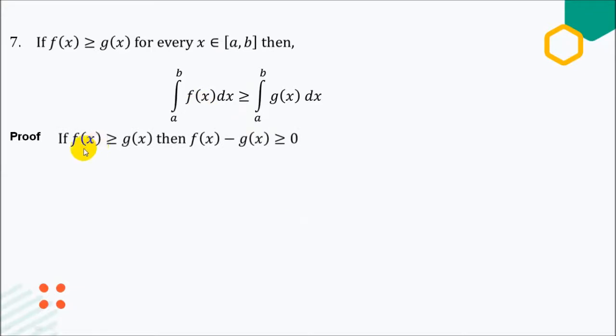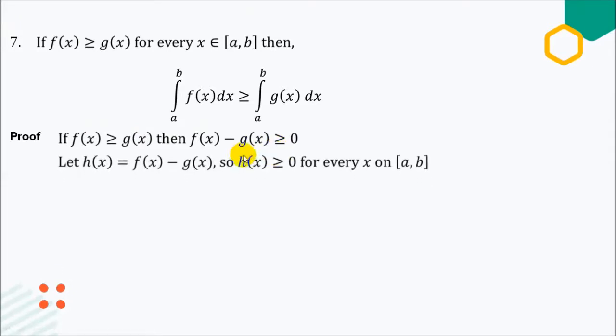For the proof here, we know that f(x) is greater than or equal to g(x), right? So here we can subtract g(x) on both sides, and we get f(x) minus g(x) greater than or equal to 0.